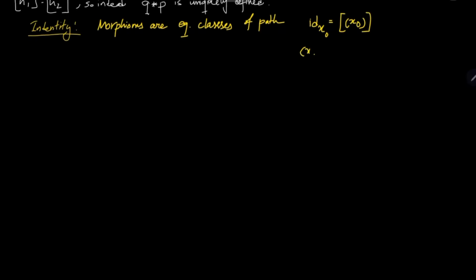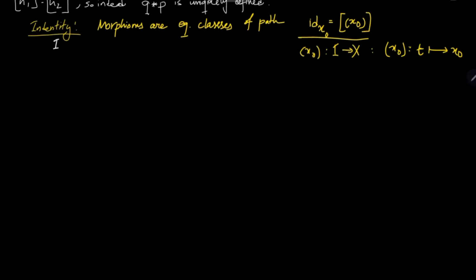Recall that this map is from I to x naught, such that evaluated at any point t, it sends t to x naught. So this identity morphism is really the class of the constant map.